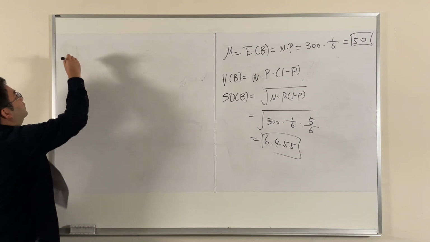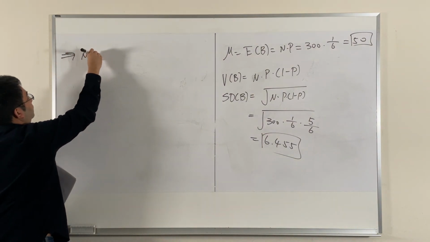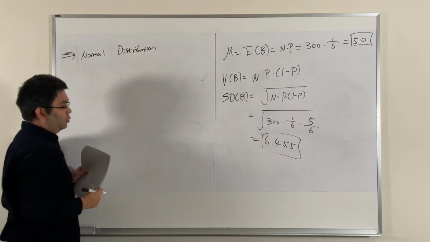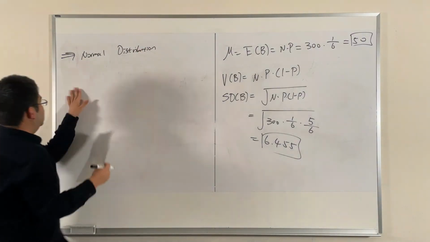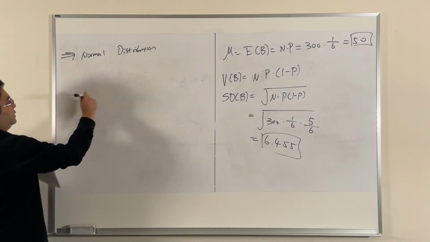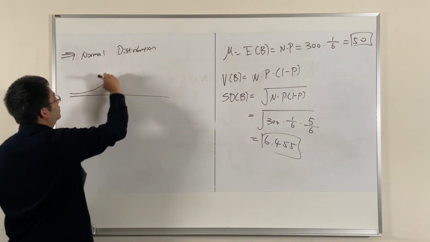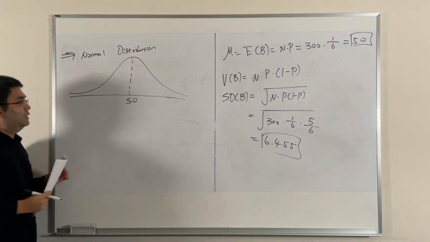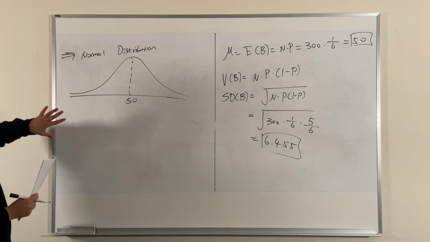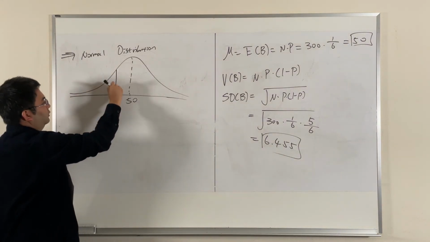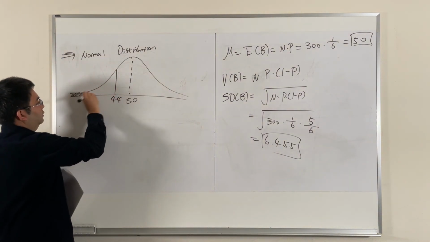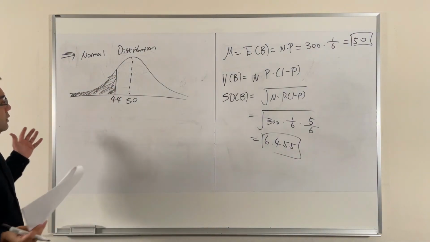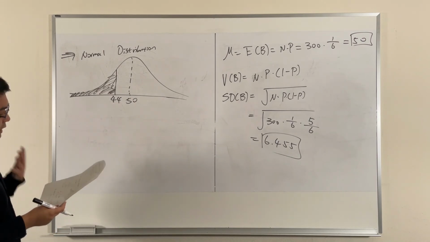Okay, we're ready to do the normal distribution. If we draw a graph with these parameter values, before we do standardization, the normal distribution should look something like this. The mean is 50, and we want the values of 44 or less. So 44 is here, and we want the area from here. We can just get the z-score and use the z-table.